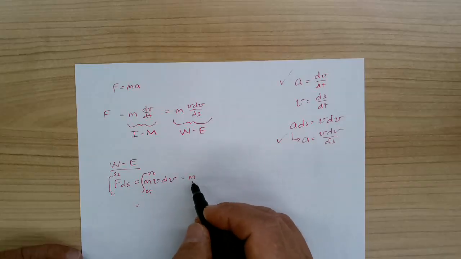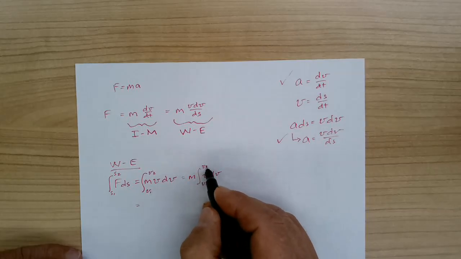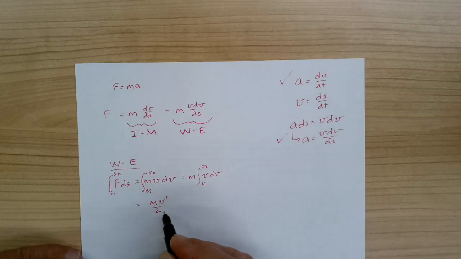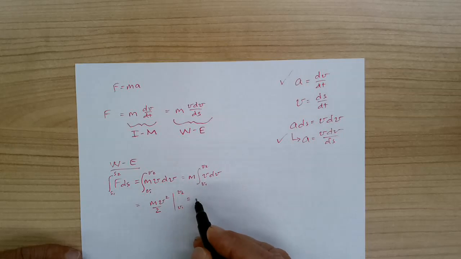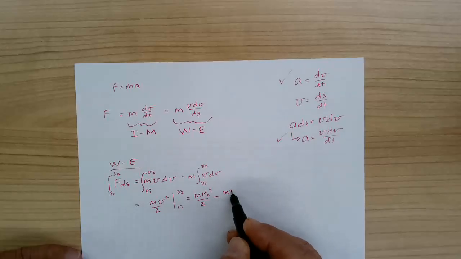But for everything in our dynamics course, it'll come out as a constant, and go V, V1, V2, and if we integrate that, we get m v squared over 2, from v1 to v2, or written out, it's m v2 squared over 2 minus m v1 squared over 2.